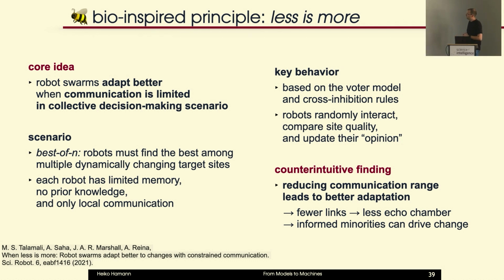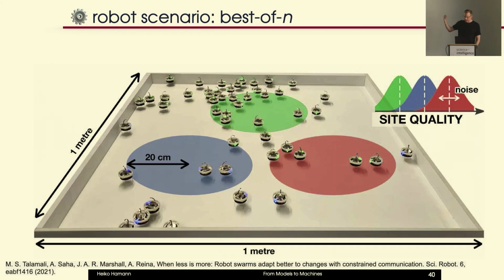So these robots would have fewer links, so there's less chance of forming bigger echo chambers, and then there might be an informed minority, the ones that already explored this new best site, and then maybe try to convince others. So this might work unexpectedly better. This is the situation, again, from the same paper, not my own work.